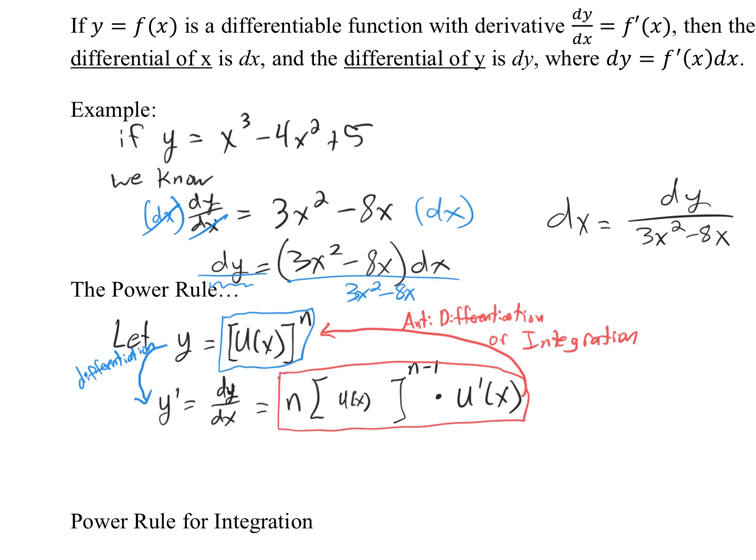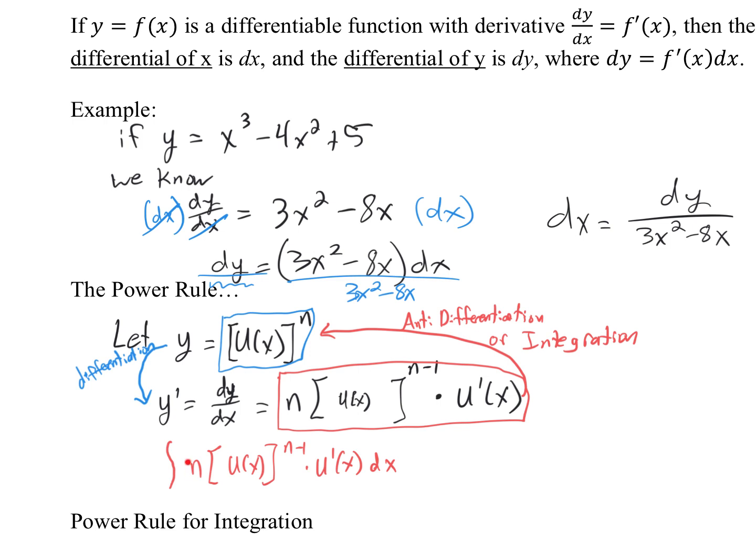Now, because of this relationship, we can write this out using integral notation. The indefinite integral of n times u of x raised up to the n minus 1 times u prime of x with respect to x.